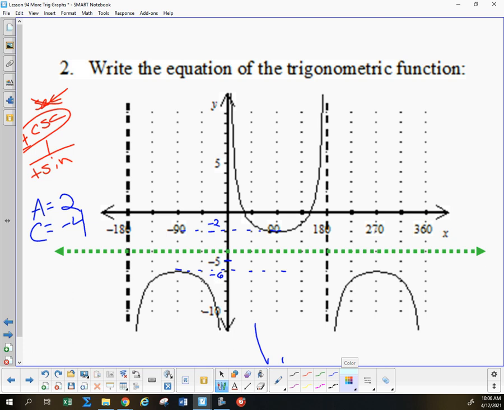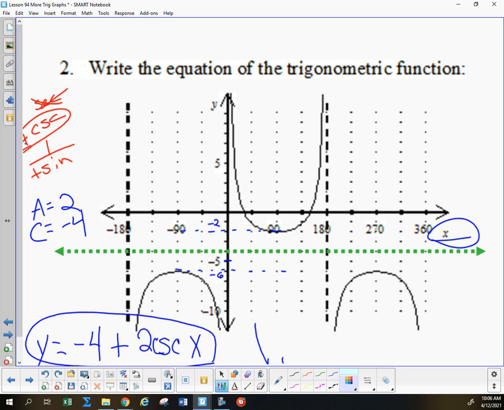Everybody okay with how I got that? That means now I'm going to put it all together. Y equals center line -4 plus cosecant, so plus amplitude 2, cosecant, and again they have an x over there, so -4 plus 2 cosecant x.